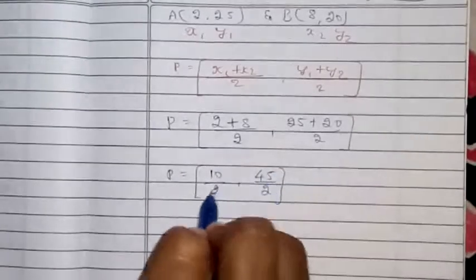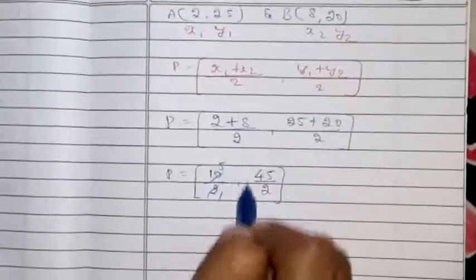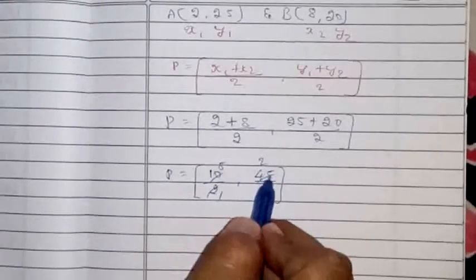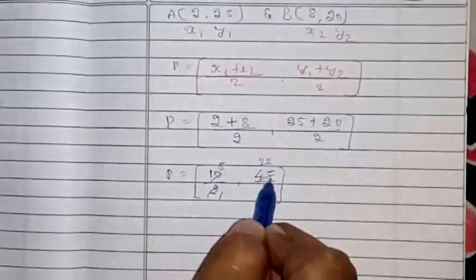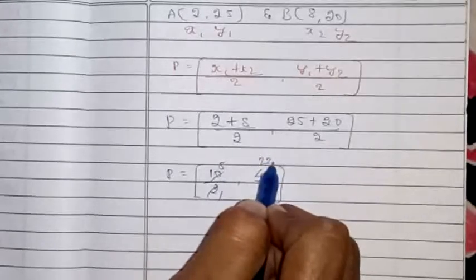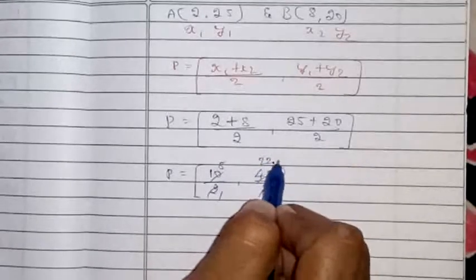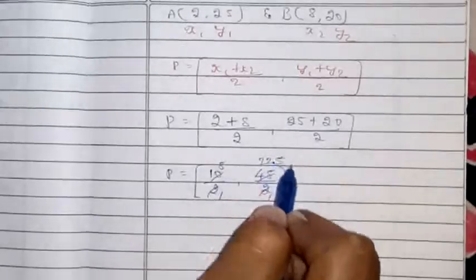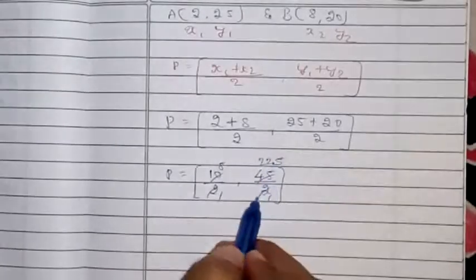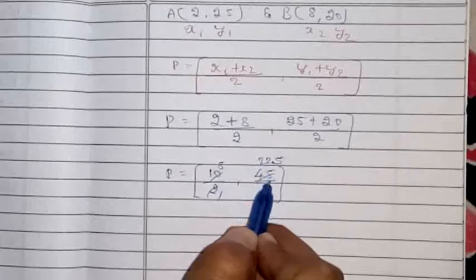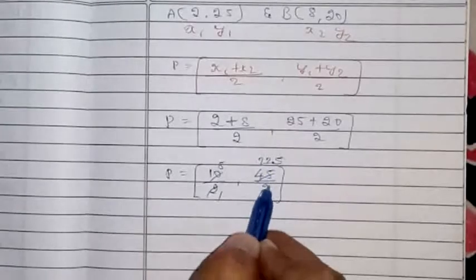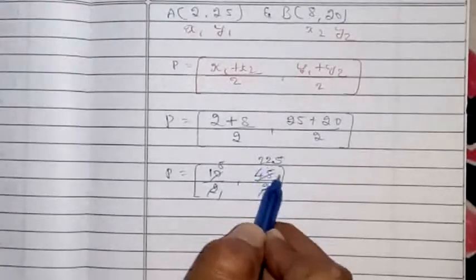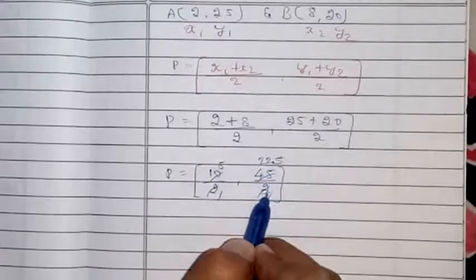Now divide it. 2 5s are 10. Now here 2 2s are 4, next 2 2s are 4, 1 is remaining. You can't divide, so take a decimal point. Now it becomes 10, so 2 5s are 10.